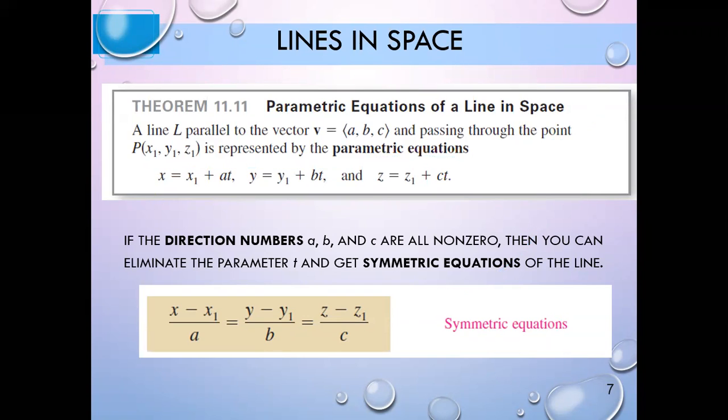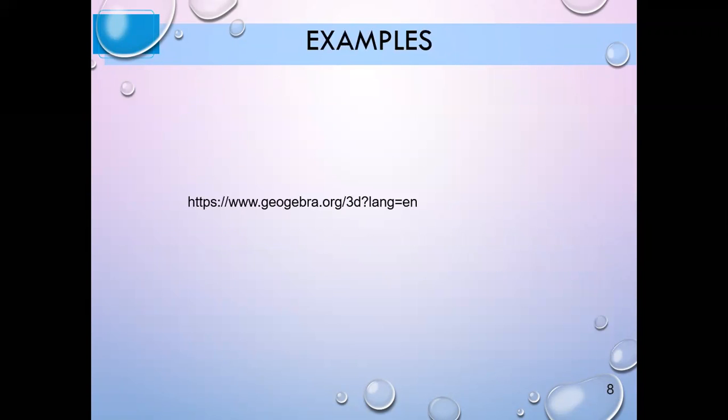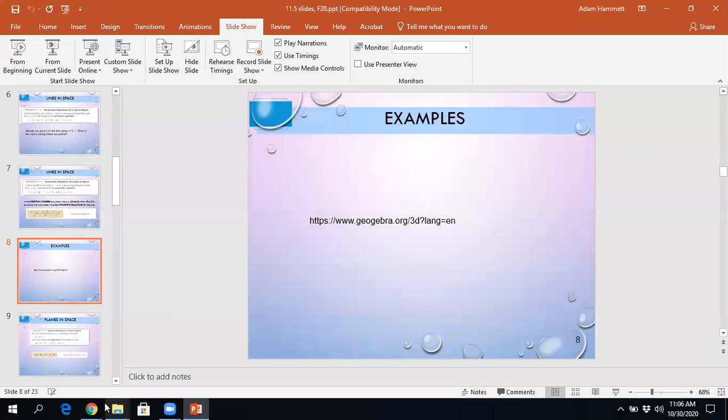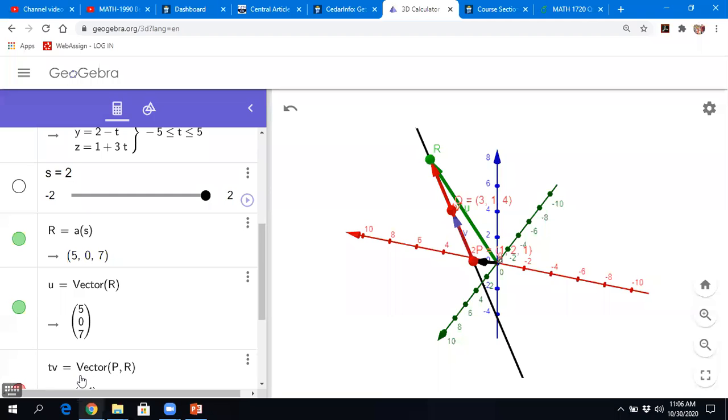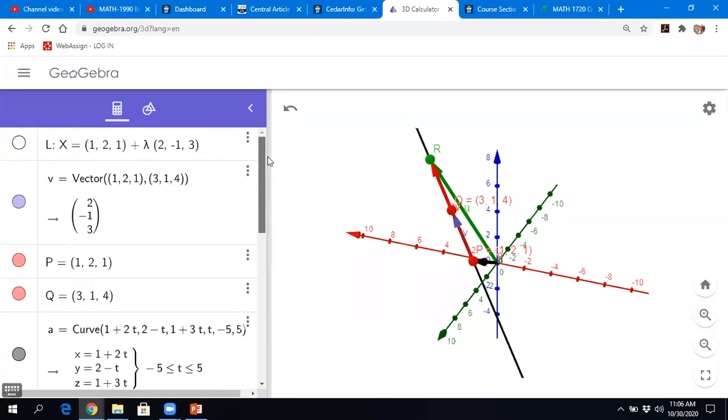We'll do an example here in just a minute, but I put this little link to GeoGebra in here, namely the three-dimensional version of it. It's a very, very powerful three-dimensional graphing calculator. So what I wanted to show you was basically a picture of what we were talking about last time. So what I've done here is I've created the vector equation of a line right here.